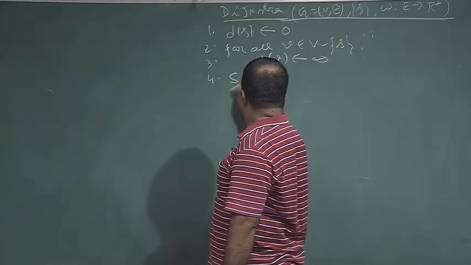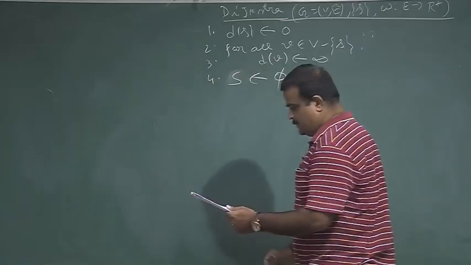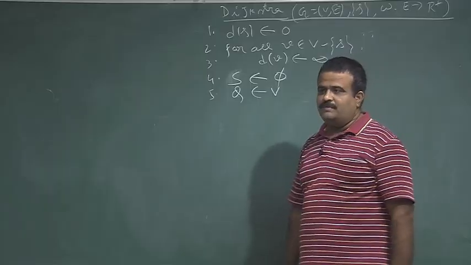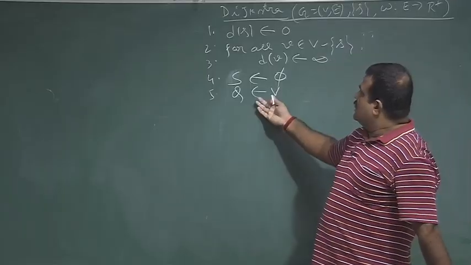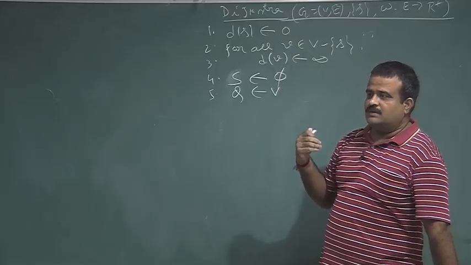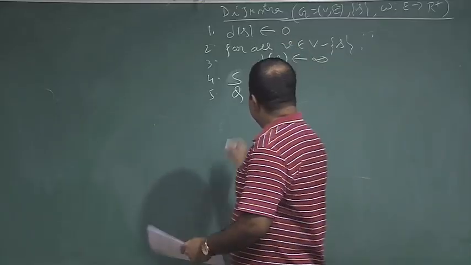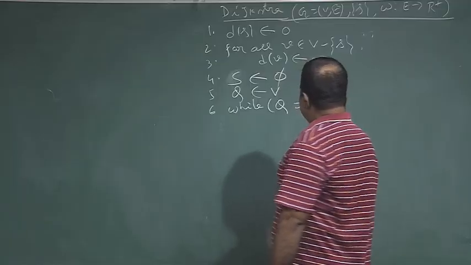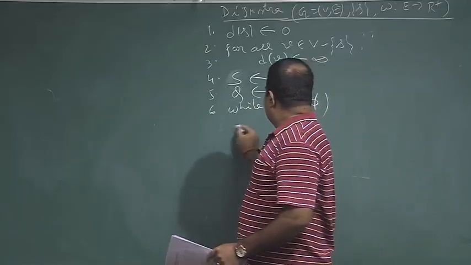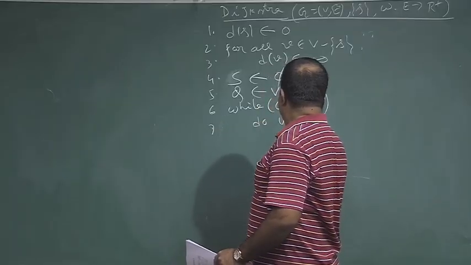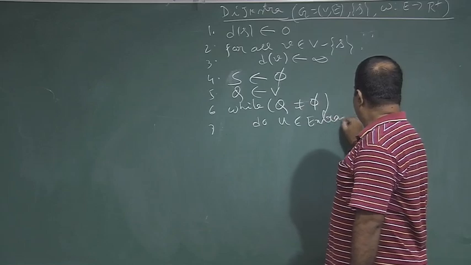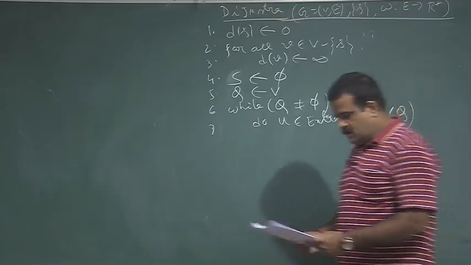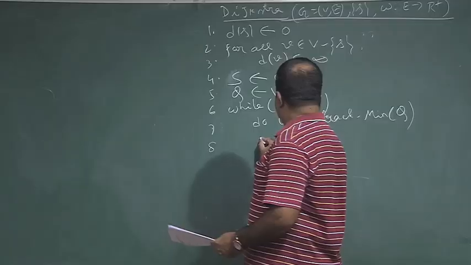We initialize S as empty, and we take a priority queue Q containing all the elements of V, and slowly we extract the node with the minimum distance estimate. This continues while Q is not empty. Q is a priority queue, which we can implement either with an array or with a heap; we know the heap priority queue implementation. While Q is not empty, we extract the minimum element from the queue, and now we add it to S.